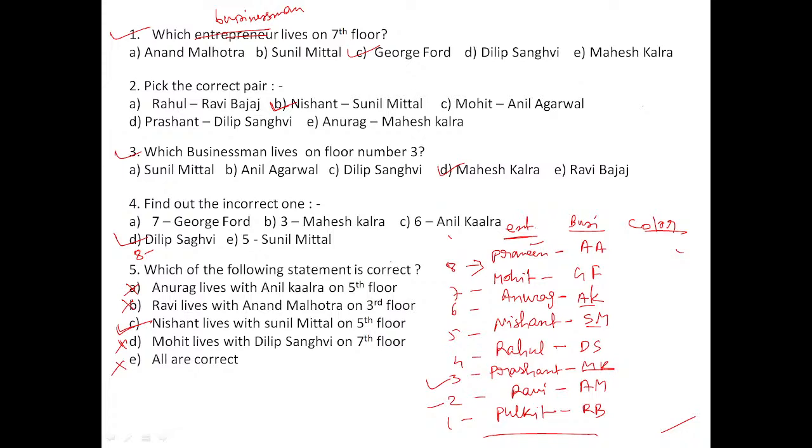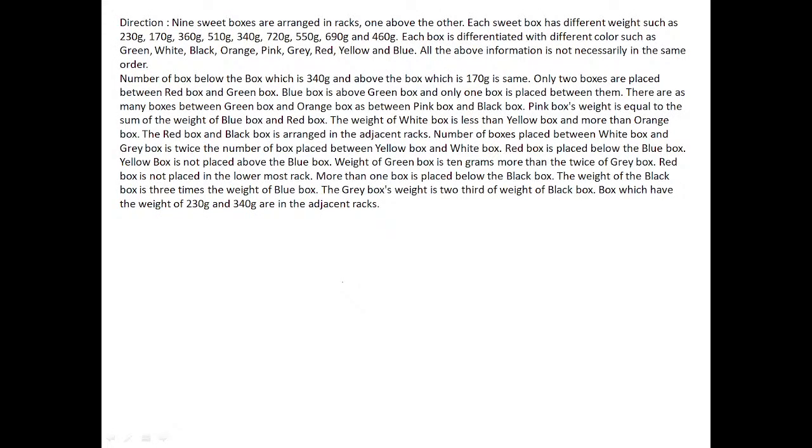But now we are moving to some advanced level puzzle. Here is the next set, and some boxes are given along with the weights and colors. You have to arrange the same. Read the paragraph and see if you can get it. Nine sweet boxes are arranged in a rack, one above the other.